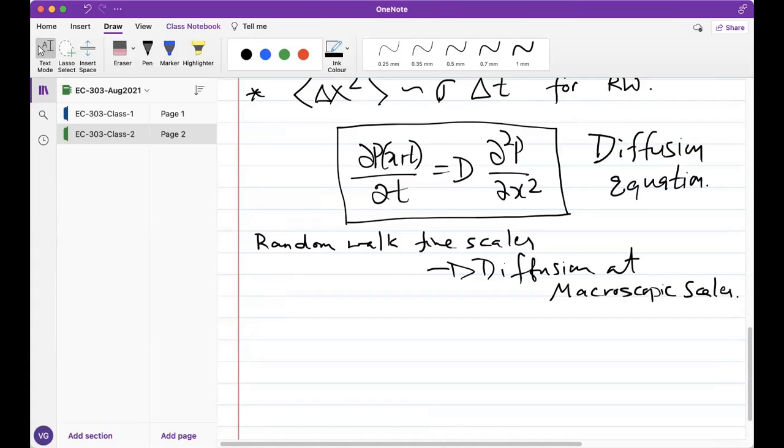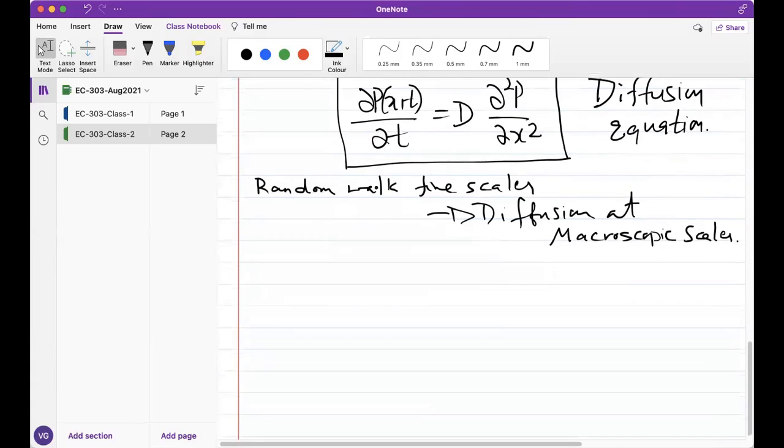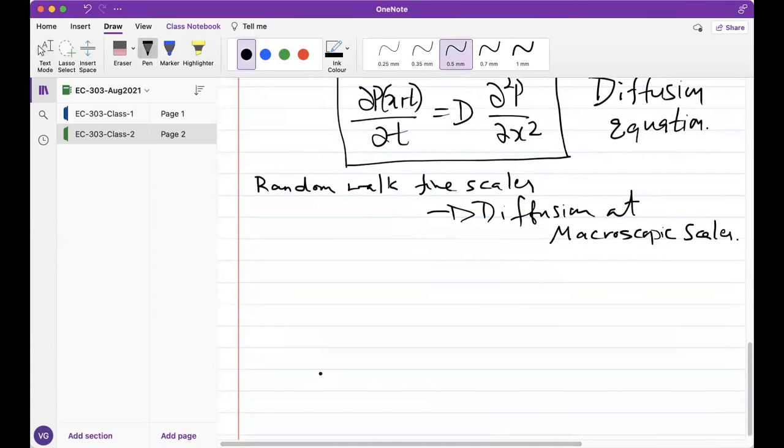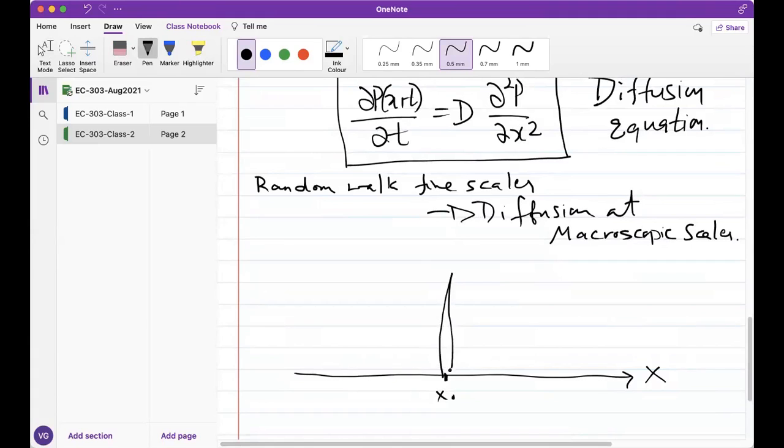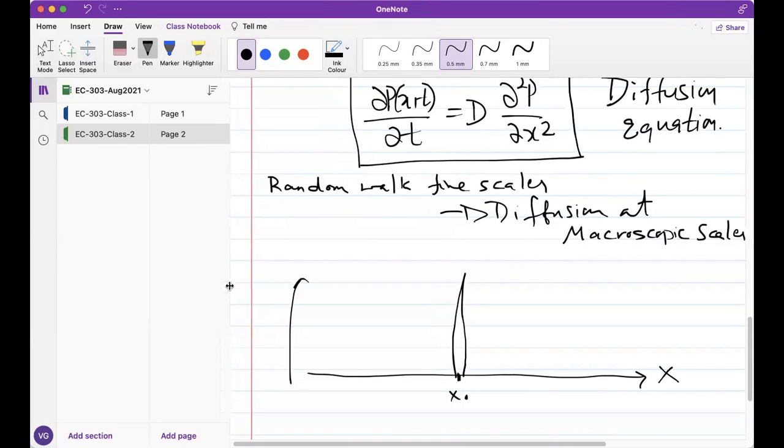Let's say this is x. Imagine there are lots of individuals at location 0, and then they all now begin to move randomly. So this represents, let's say, the number density.